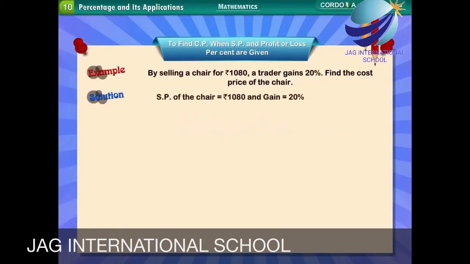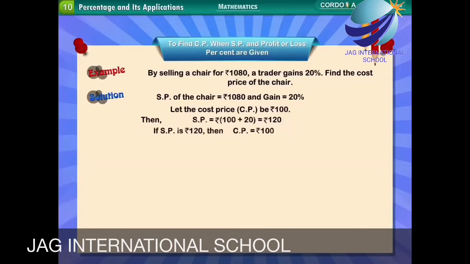Solution: SP of the chair is rupees 1,080 and gain is 20%. Let the cost price CP be rupees 100. Then SP = rupees 100 + 20 = rupees 120. If SP is rupees 120, then CP is rupees 100.